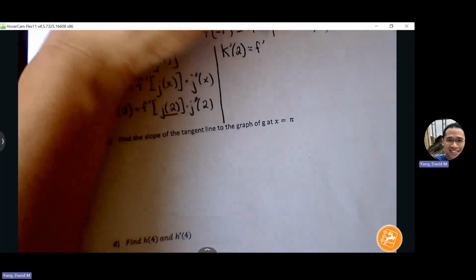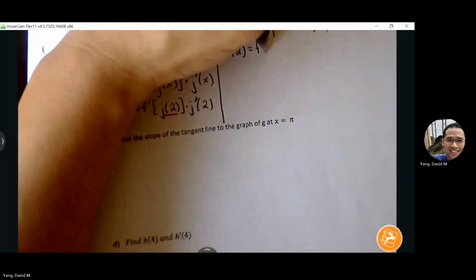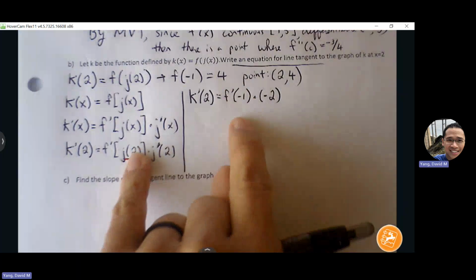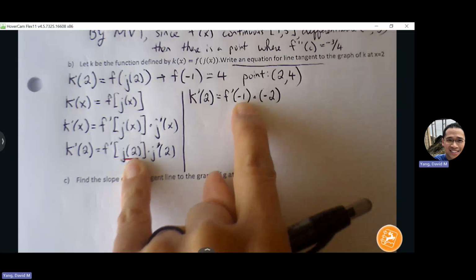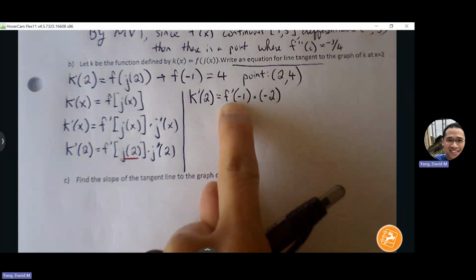So f prime of, we know j of 2 is -1, times j prime of 2, which we said was -2. So we're almost there. We found this piece that we replaced j of 2 with -1. We actually found j prime of 2, but there's still this one piece that's missing.